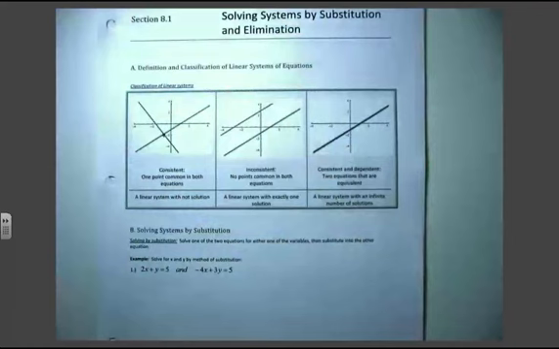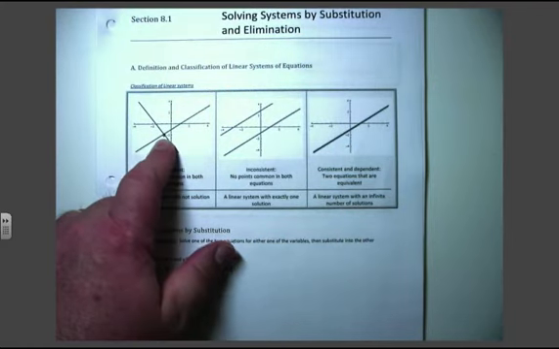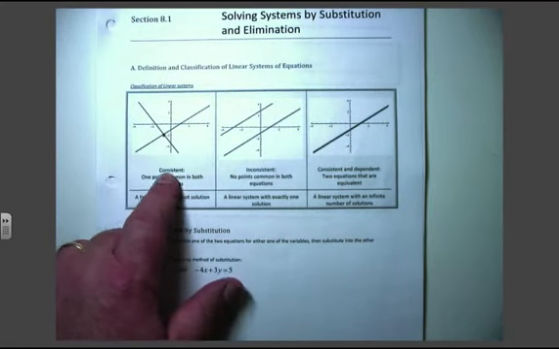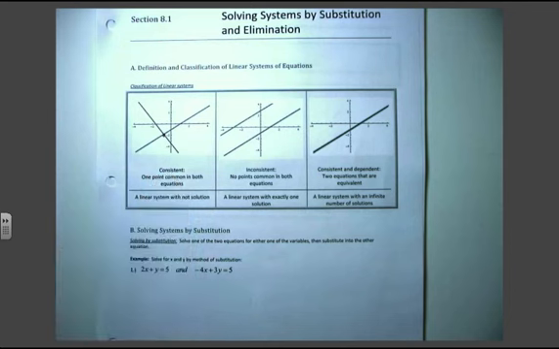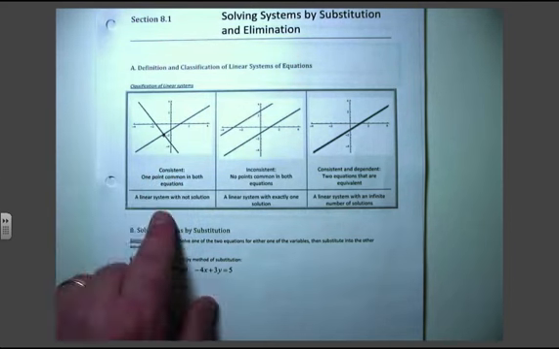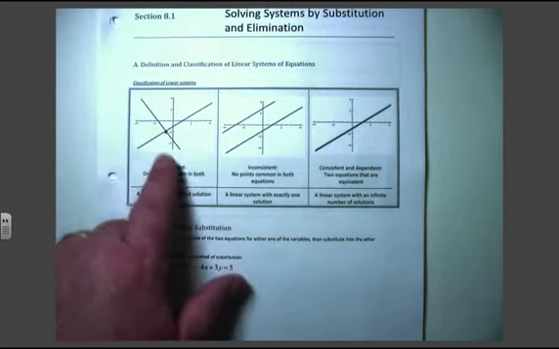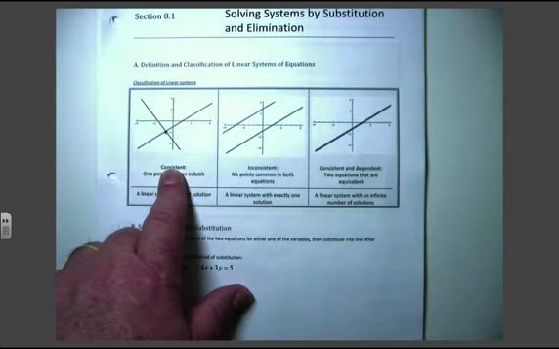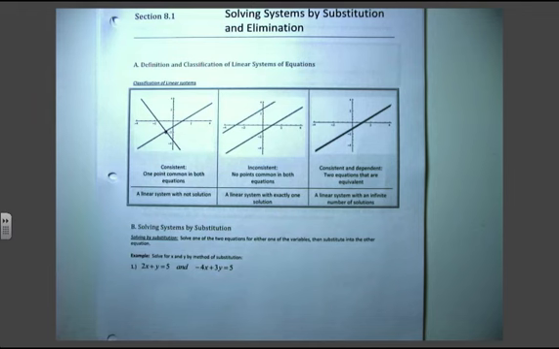We have a single answer. To have an answer is called consistent, and there's a single point for both answers. So this would be considered consistent because I have an answer. I have a unique answer. This would be consistent, unique solution.